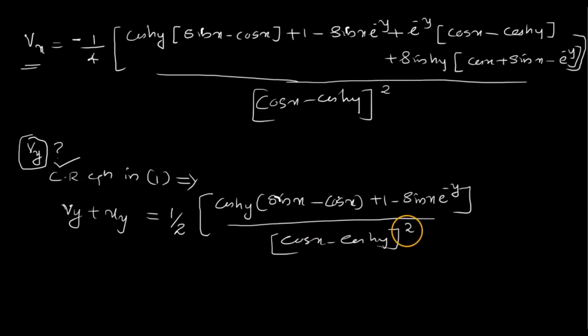This is our equation 1, and now let it be equation 4. We use only the CR equation, ux is equal to vy and uy equal to minus vx, so that it becomes a new equation. So let it be 4.